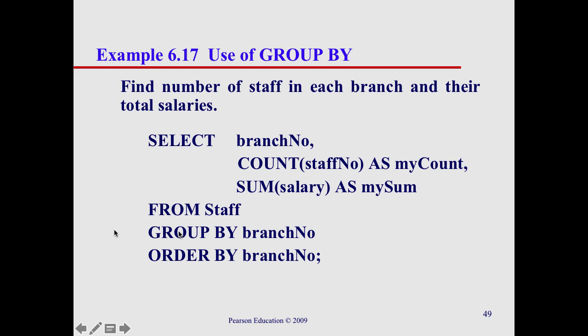Notice that here I am selecting the branch number, counting the number of staff in each branch, and taking the sum of their salaries. I group by branch number, and then I order by branch number. In homework assignments, I say sort the result by something, and I get people using group by rather than order by.